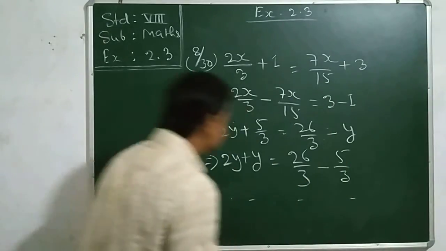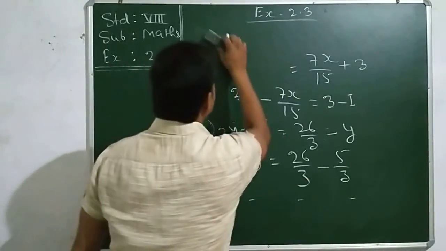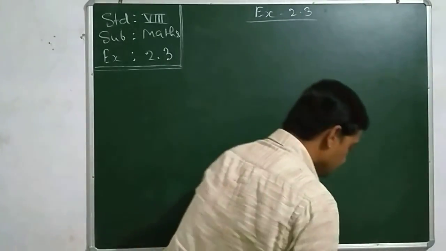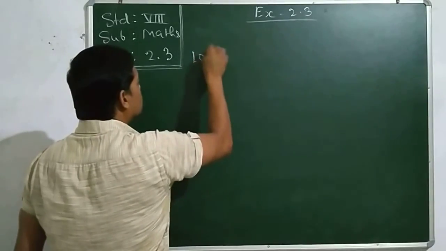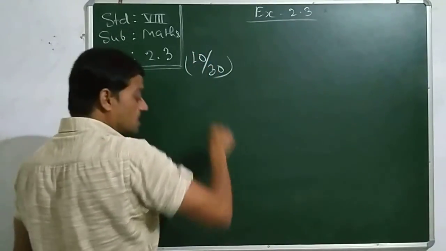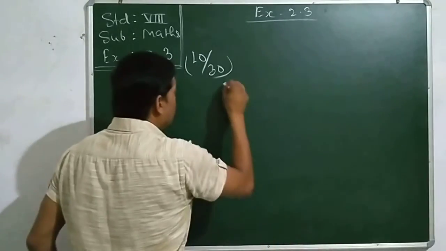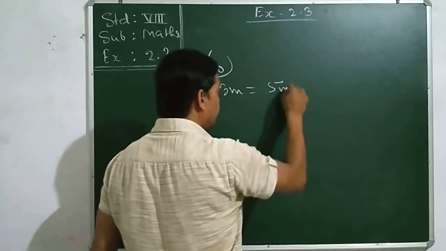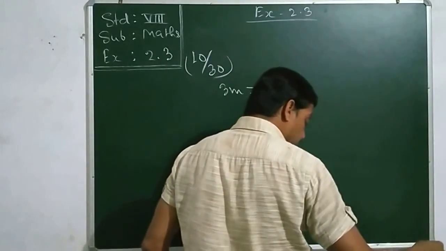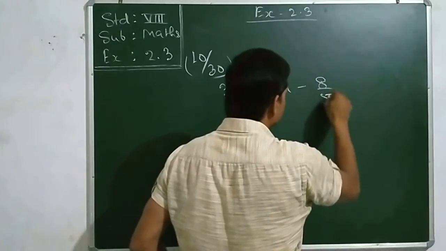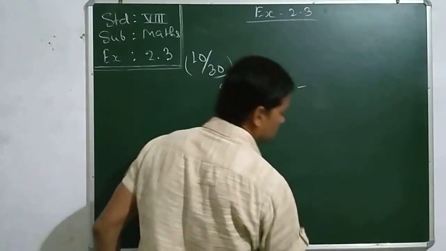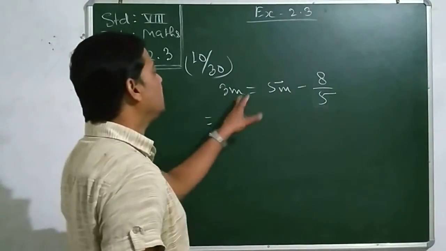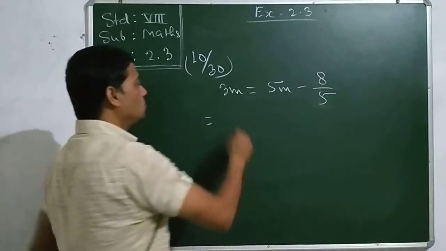And the last sum, that is 10 number. The sum is 3m equal to 5m minus 8 by 5. See, 3m and 5m will come to the LHS.